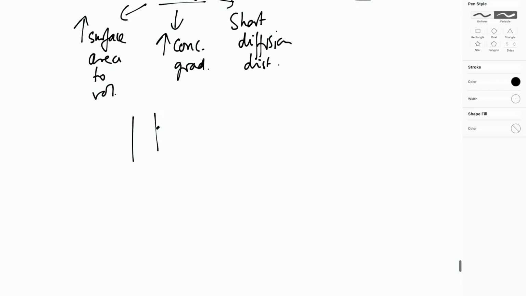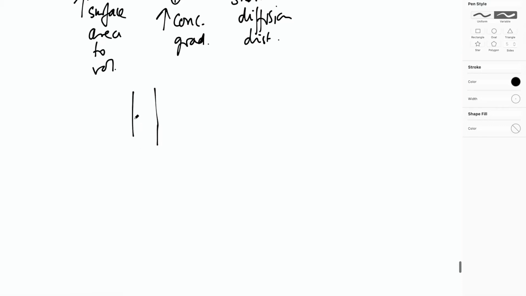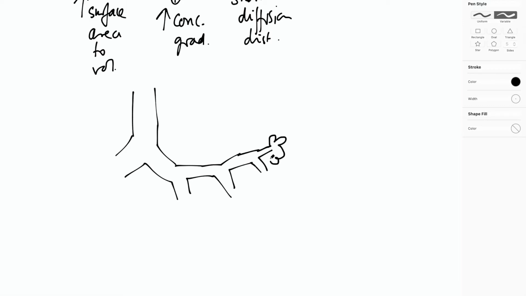The airways: the main airway, the trachea, then it branches out into the bronchi. The bronchi branch into the bronchioles, and at the end of those bronchioles, we have the alveoli, right?